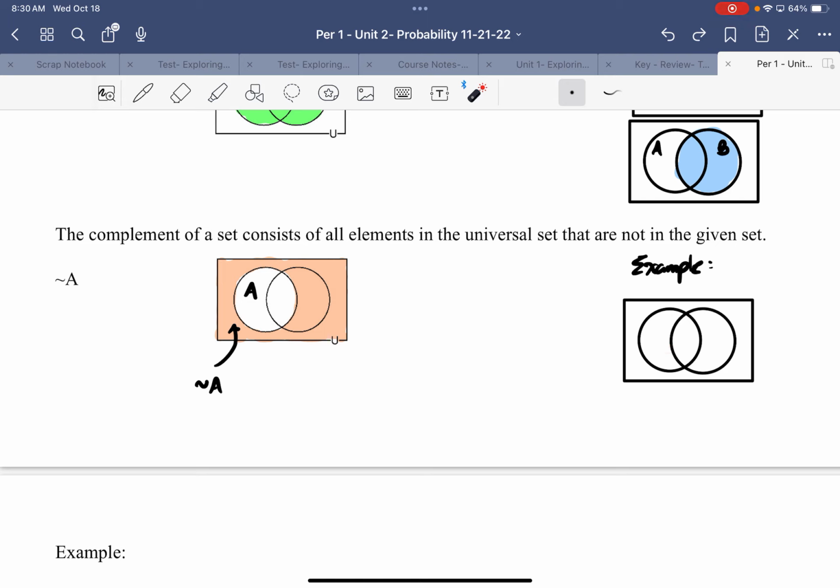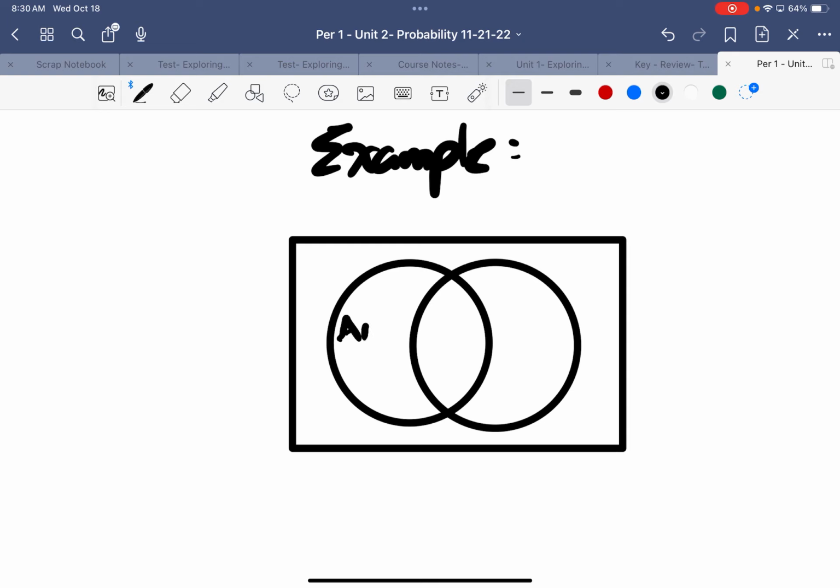Well, it's A that's not B. So we would say that this part here is A and not B at the same time. Right? It's the intersection of A and not B. We already know that the overlap is A intersect B.